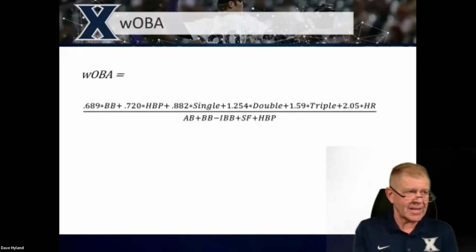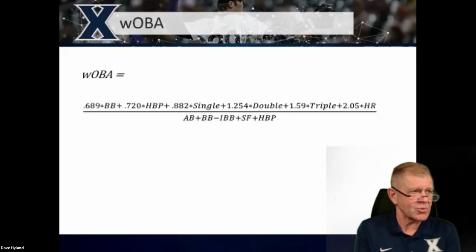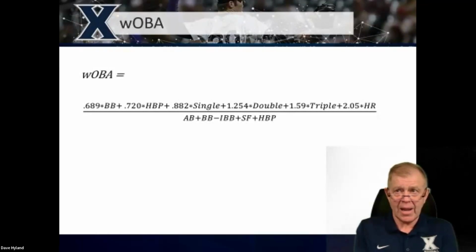RBIs are very context specific. Leadoff batters, because they don't come up as much with guys on base, it's harder for them to score RBIs, right? So it's a very context specific statistic, whereas WOBA and the numerator for WOBA, runs created, are context neutral.